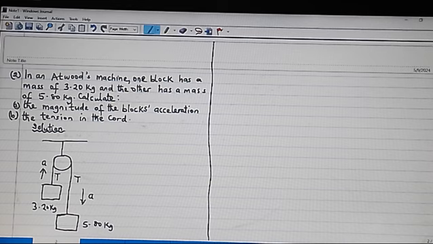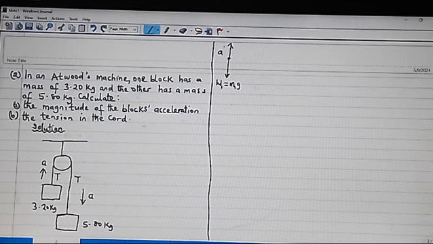Since the tension in the string is directed upwards, because we are pulling upward, it implies that the weight of this block is less than the tension. Remember our free body diagram. Just draw a little free body diagram. This is the weight W1 equal to M1G. The tension is upwards.